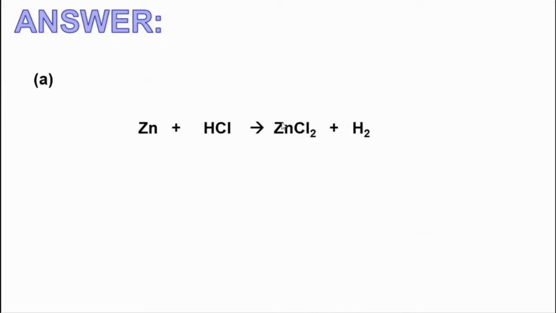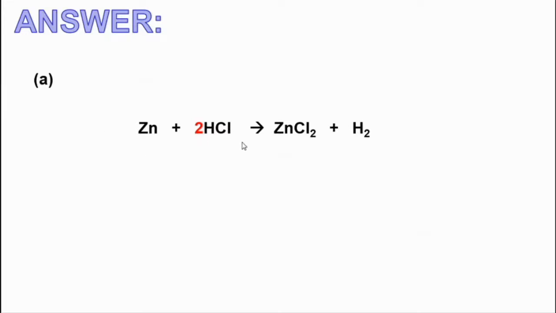There is only 1 mole of zinc here, and that's why here also 1 mole of zinc. But for chlorine, in zinc chloride there are 2 moles of chlorine atoms, so for this HCl we need to multiply by 2, so 2 moles of hydrochloric acid.